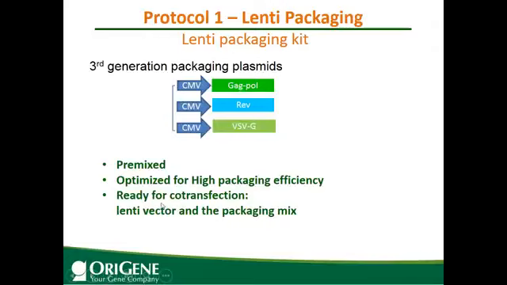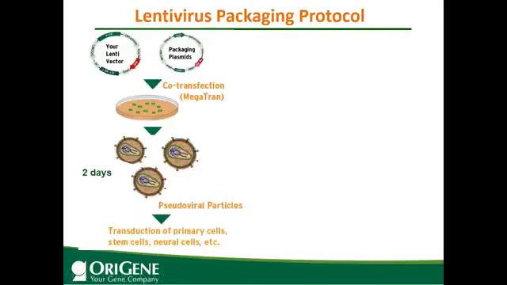So it's ready to co-transfect with your Lenti vector to produce high titer Lenti particles. This diagram shows co-transfecting your Lenti vector with the Lenti packaging plasmids into HEK293 cells. And then 2 days later, you will have the virus released into the supernatant and ready to transduce your cells.